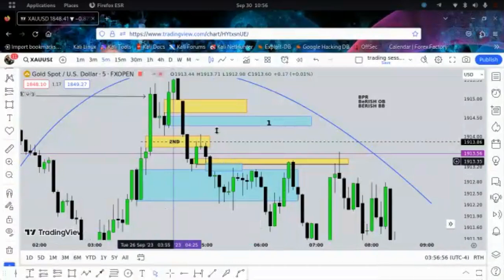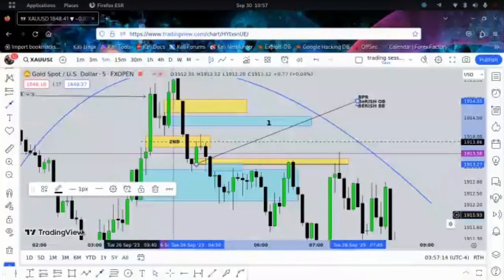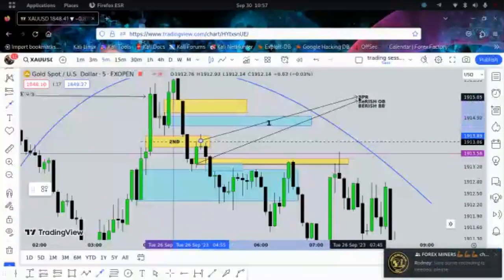I'm not going to label them, but we shall use some sort of matching. Most of us went through nursery school. What do you see? The bearish order block, you match it. What do you see? BPR, you match it.